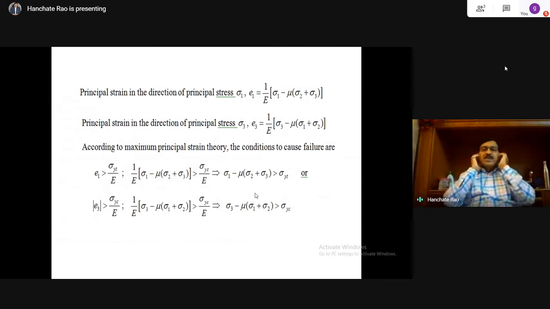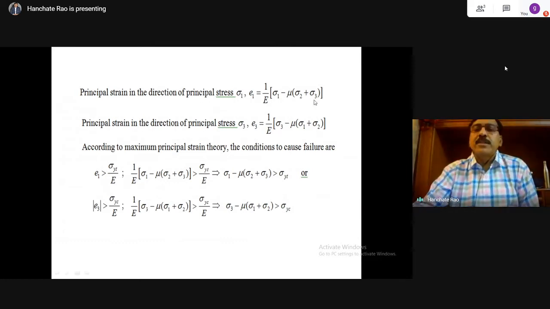The strain in the direction of sigma 1 is e1 equal to sigma 1 by E minus mu times sigma 2 by E plus sigma 3 by E, where mu is Poisson's ratio. Similarly, the principal strain in the direction of the minor principal stress sigma 3 is e3.